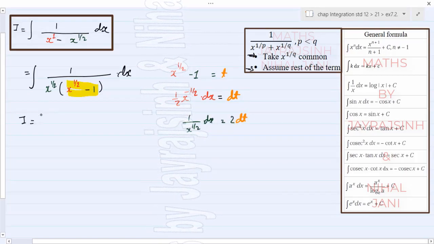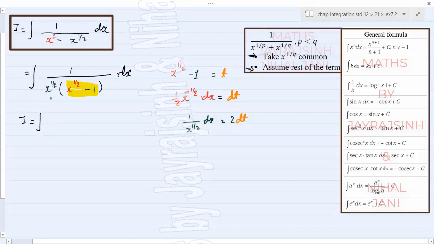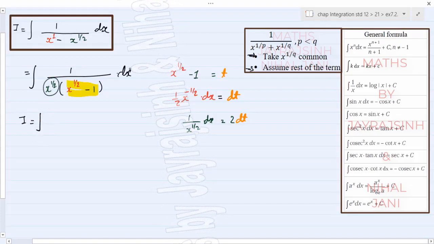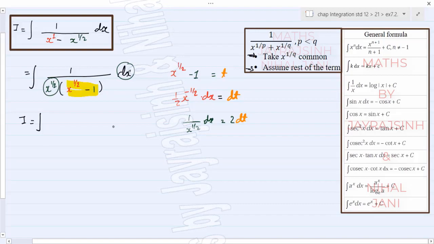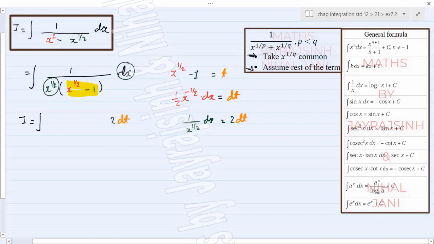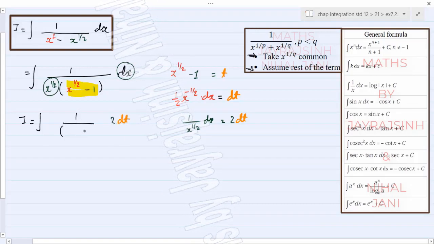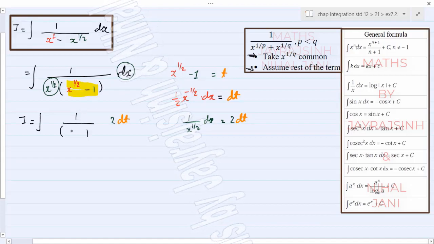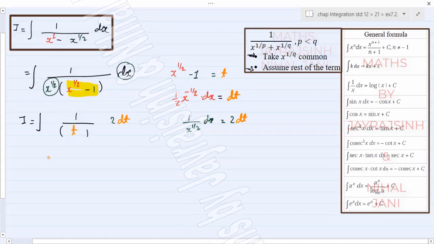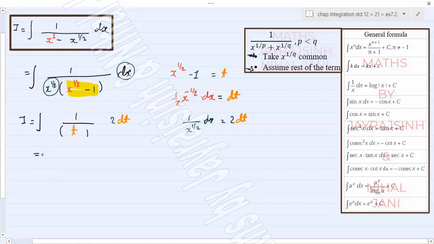So here we can modify our integration: 1 upon x raised to 1 by 2 dx will become 2 dt, and 1 upon x raised to 1 by 2 minus 1 simply becomes 1 upon t.